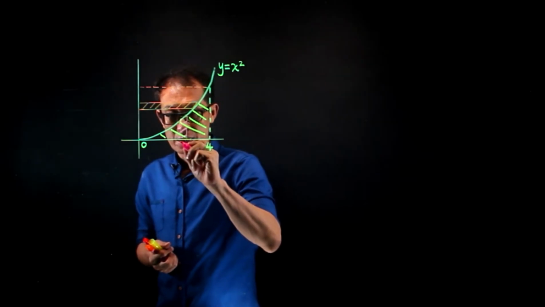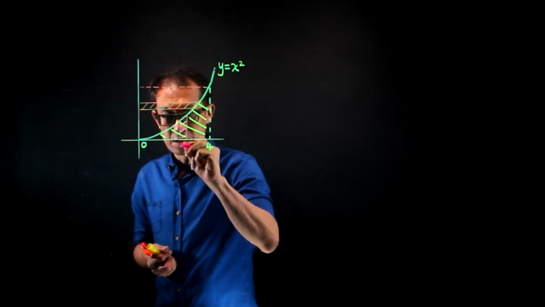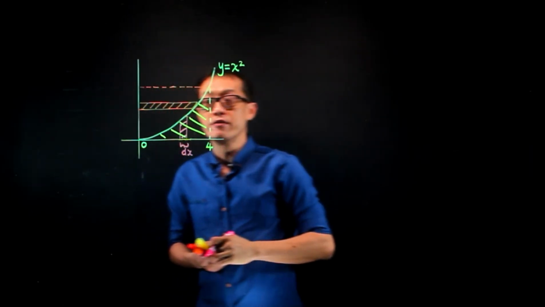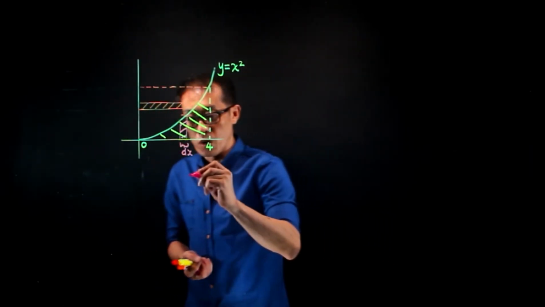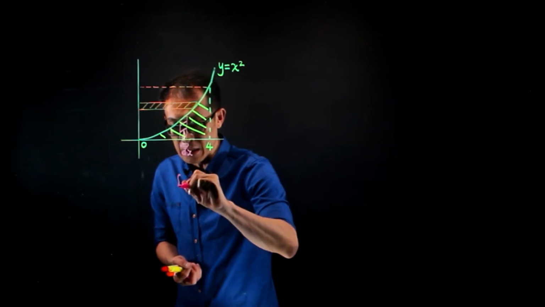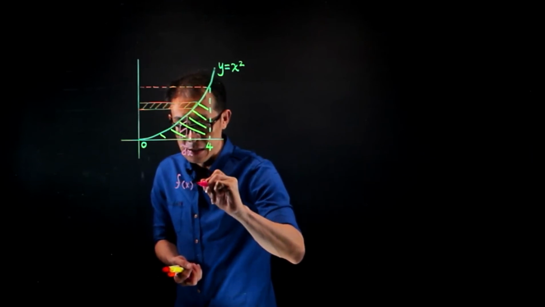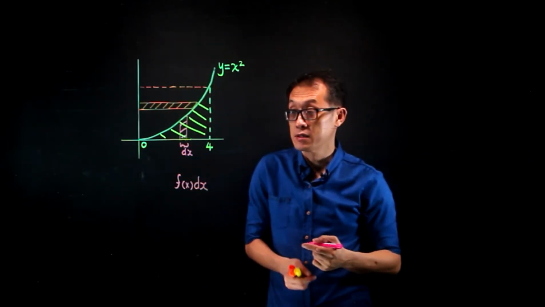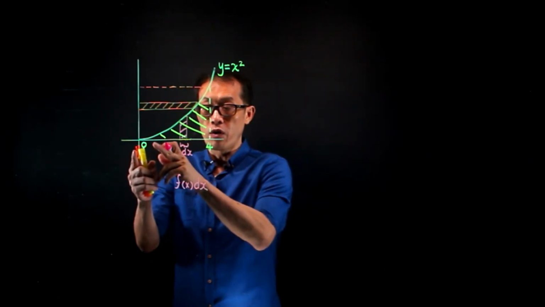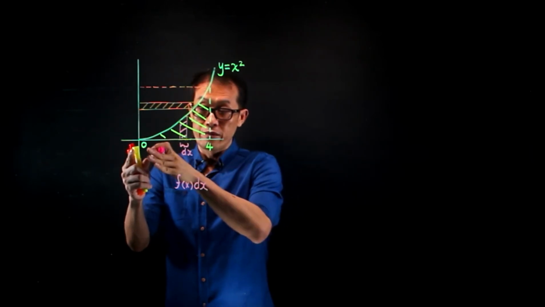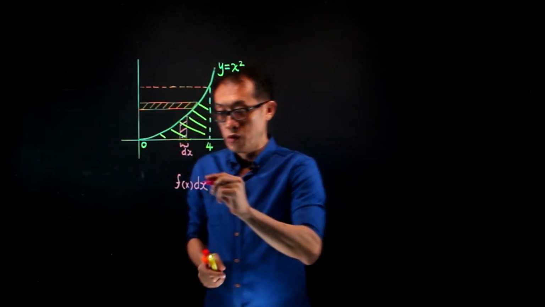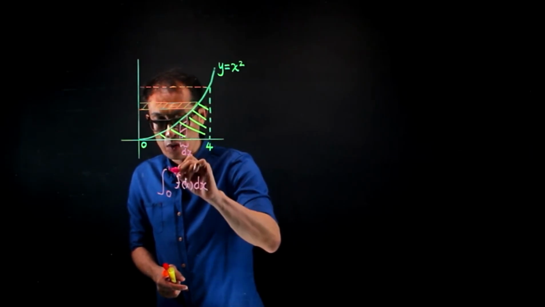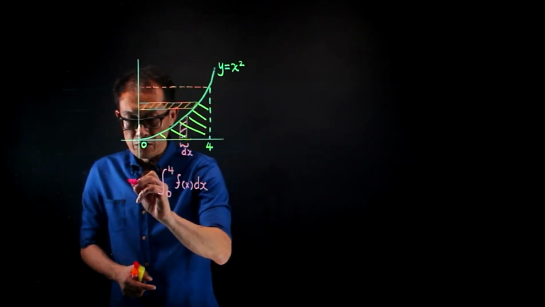Imagine this is dx, and this height will be given by f of x. So the area of a vertical strip is f of x dx, or you can put y to replace f of x. Now you are summing all the vertical strips from 0 to 4, integration from 0 to 4. So this is your required area.